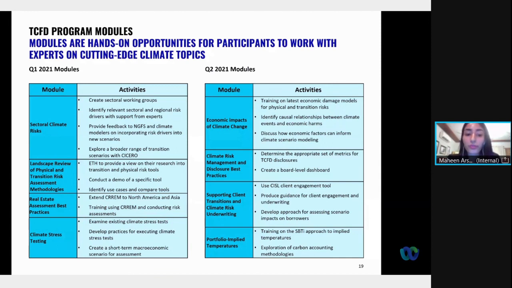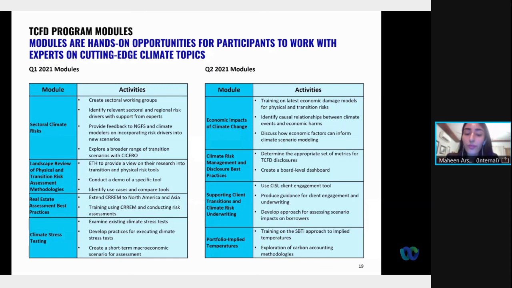We've also partnered with CREM on assessing transition risk for the real estate sector for financial institutions. And we also have a module on climate stress testing, which looks at how climate stress testing differs from traditional stress testing, as well as what the best practices are for conducting a climate stress test, as well as looking into the scenario analysis required.